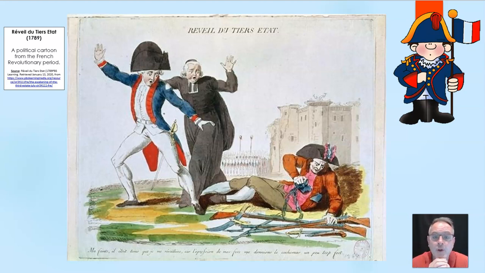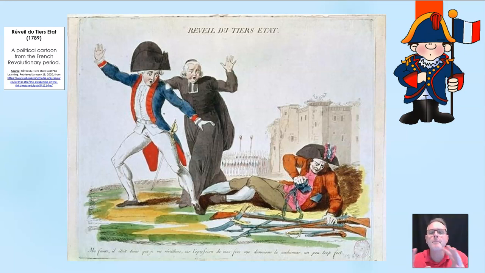Hopefully you're picking up on the horror in the faces of the first and second estate, the clergy and the aristocracy, as the third estate now awaken, breaking the chains that we had seen in previous imagery and reaching for weapons. In the background, we have some very interesting imagery.